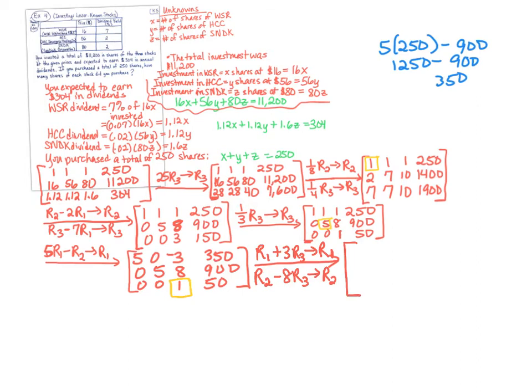So you have row 1 plus row 3 to get a new row 1. So that's going to give us 5, 0, 0, and then what?